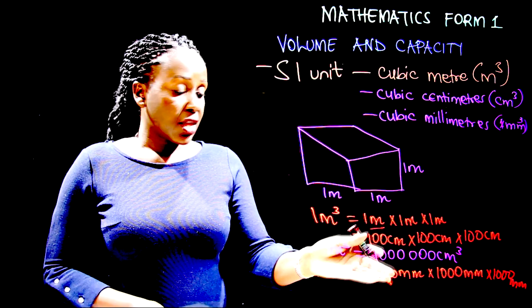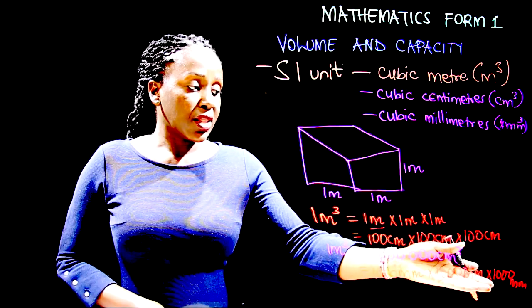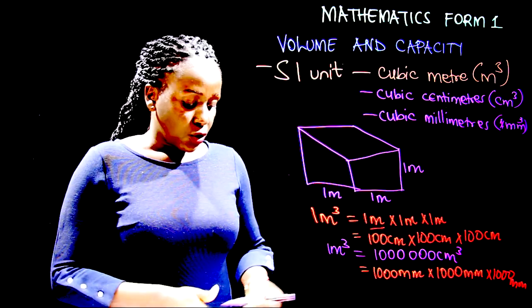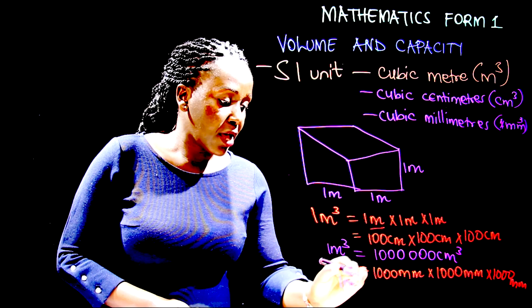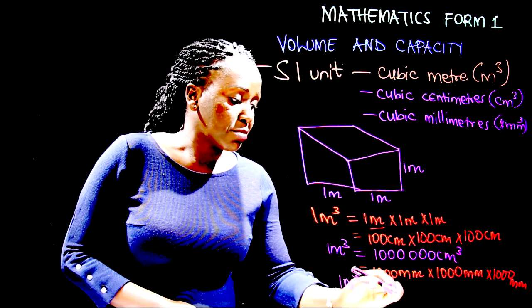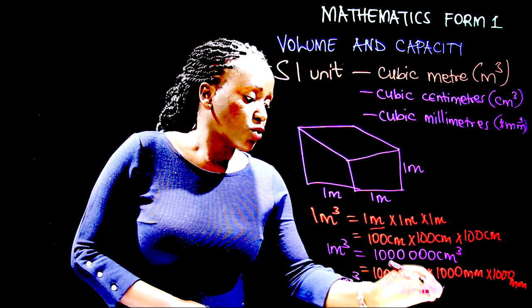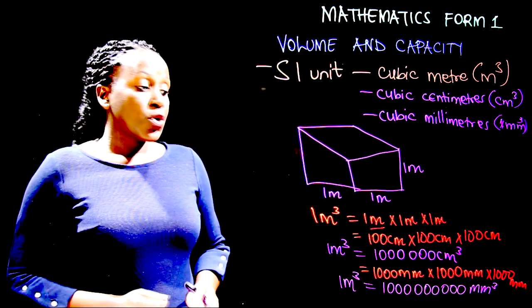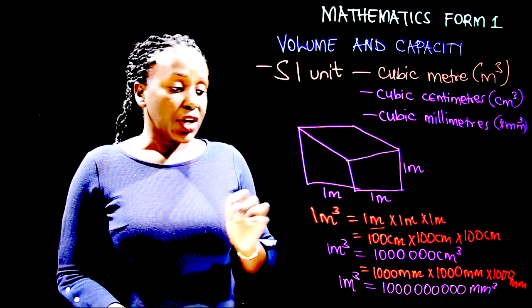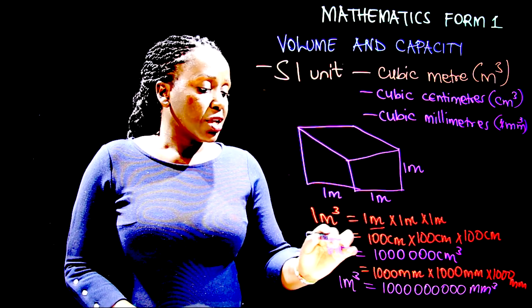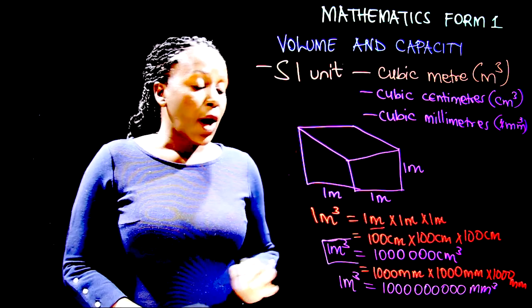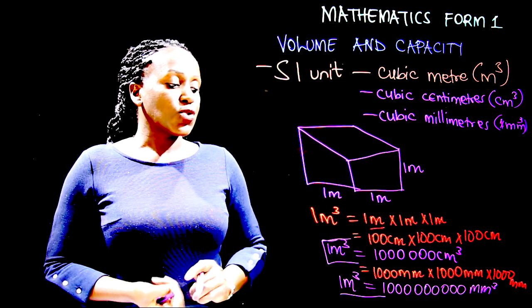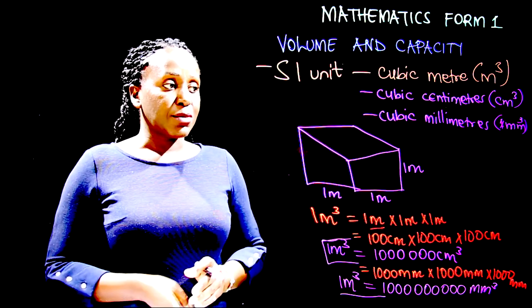If you multiply 1000 by 1000 by 1000, you get 1 billion. So 1 meter cubed is equal to 1 billion millimeters cubed. The two relationships you must not forget are that 1 meter cubed is equal to 1 million centimeters cubed, and 1 meter cubed is equal to 1 billion millimeters cubed.